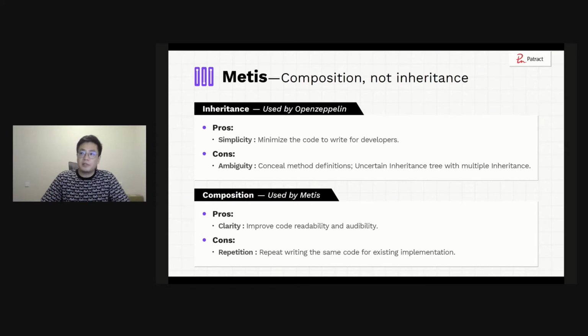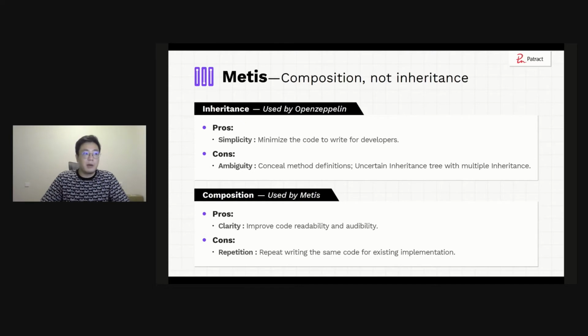However, it also brings ambiguity. It conceals method definitions. You may have uncertain inheritance trees with multiple inheritance. For example, in OpenZeppelin, when you have multiple inheritance from different contracts, you may have a hard time figuring out which parent contract a method is coming from.